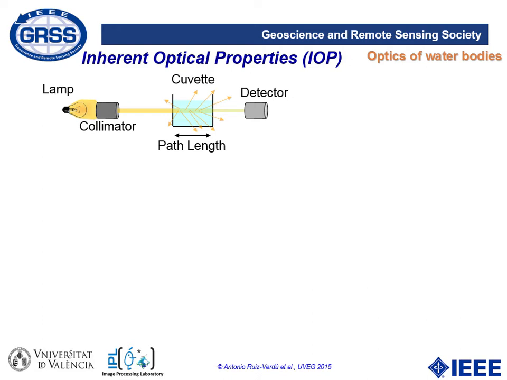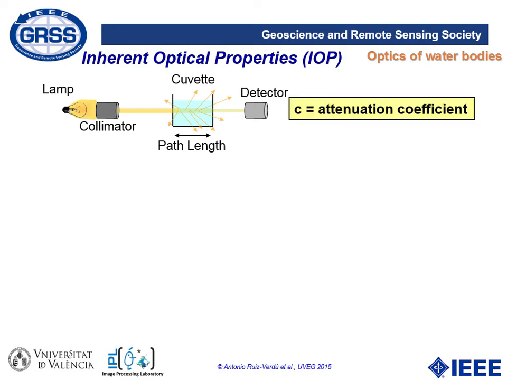As you see, the light entering this cuvette is being absorbed, so the amount of light exiting the cuvette is reduced, and it is also being dispersed. If we put the detector in a position far away from the cuvette, what we measure at the end is the total amount of light that has been absorbed and scattered, and this is called the attenuation coefficient, c.